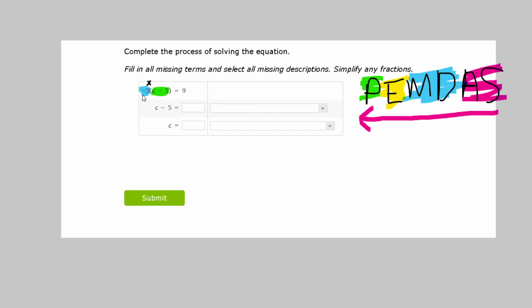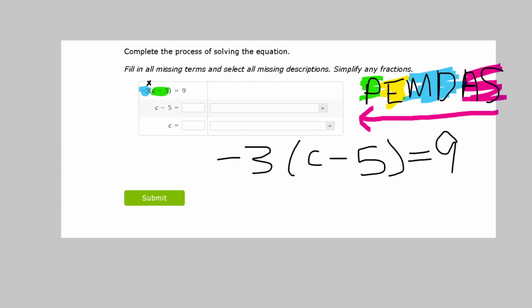I'll write that back in, but all right, we're dividing by negative 3. Actually, let me rewrite this. There we go. So we divide by negative 3. Divide by negative 3.